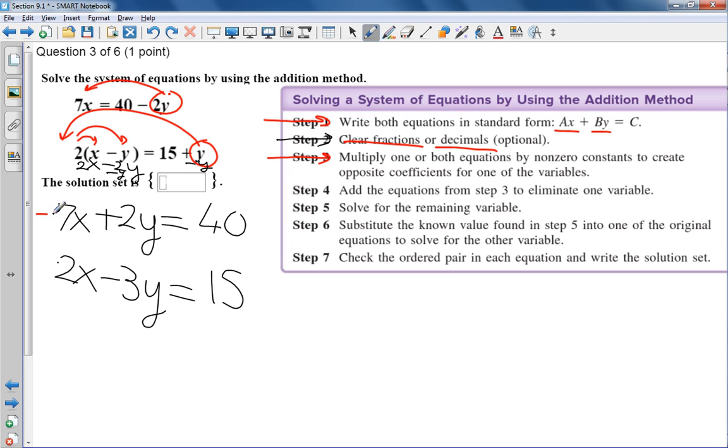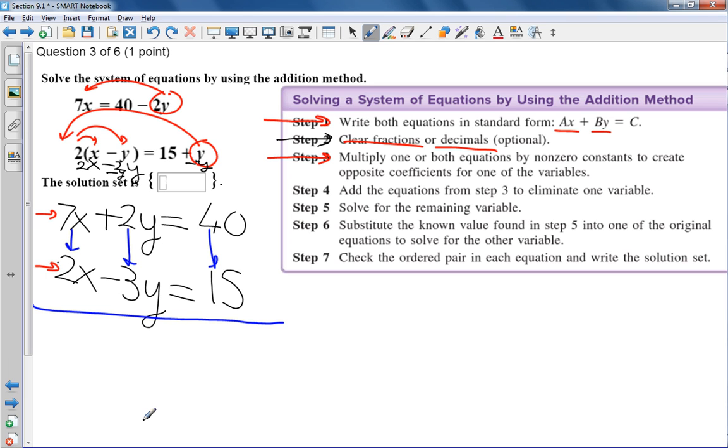Maybe both top and bottom may require this, depending on the need. Why do we need to multiply them? We want to eliminate these variables by adding. So I will take an addition line here, and I will add these guys line by line. You can do it side by side.